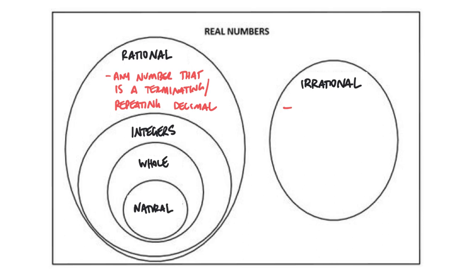Whereas irrational numbers are numbers whose decimals don't terminate or repeat.